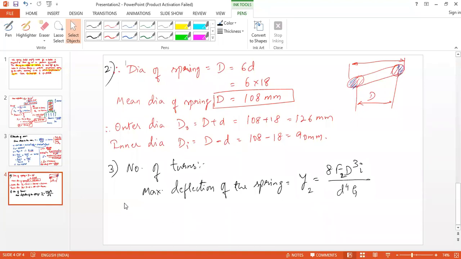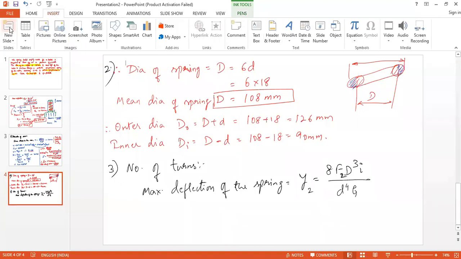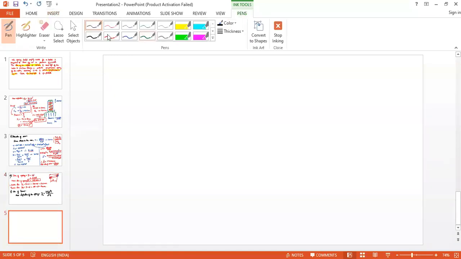But technically, we should take y2 and F2. So y2 is 47.5 mm, F2 is 6829 Newton, and D is 108 mm.